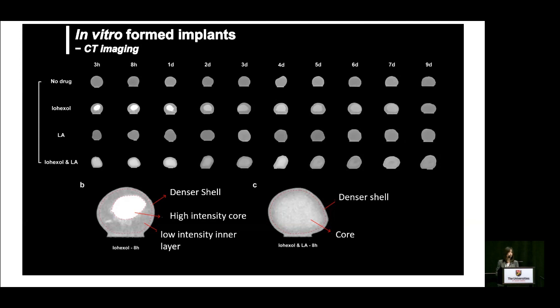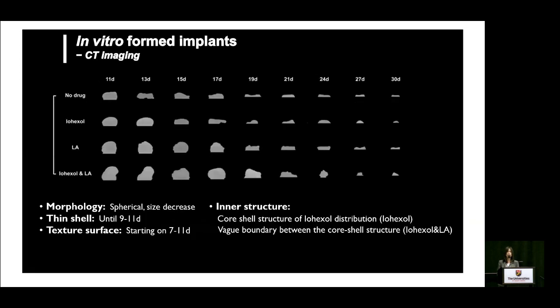So basically you have these very distinct differences, depending on the drug, which impacts the formation of the implant and the subsequent release of the drug. When you are able to monitor that at different times, you can see the size and shape changes.